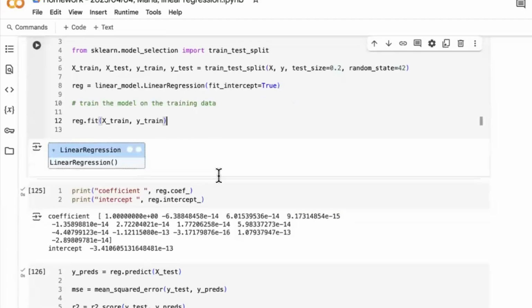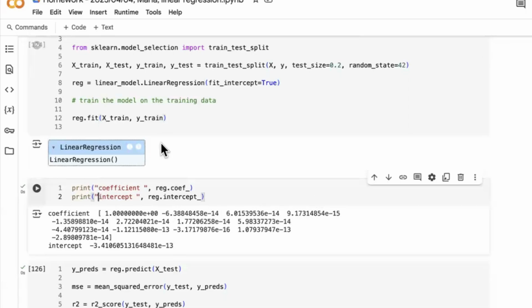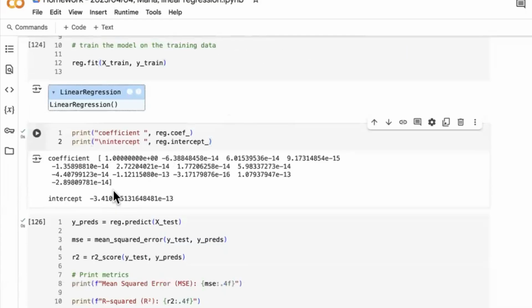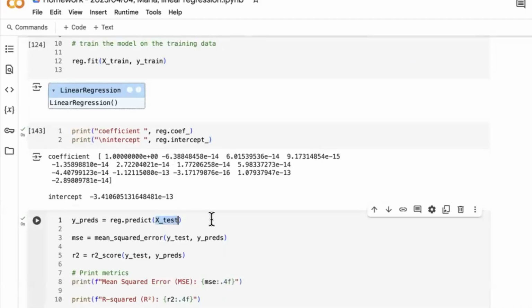See? Then it comes up with these coefficients. It's using scientific notation again. And the intercept. Remember, you can put like a little \n here and it'll put a blank line, make it easier to read. Okay, now we do our predictions on the test data set. You see the difference here?